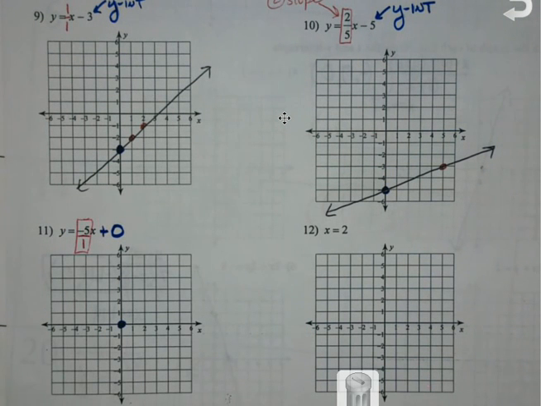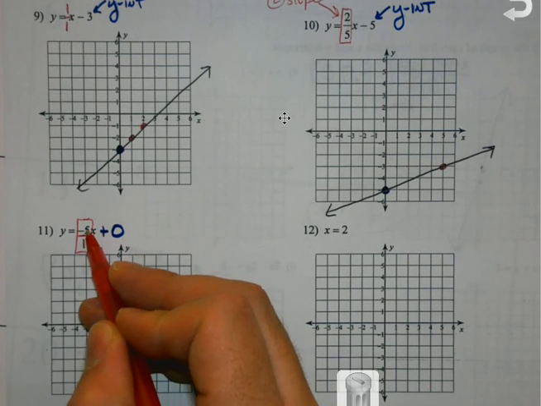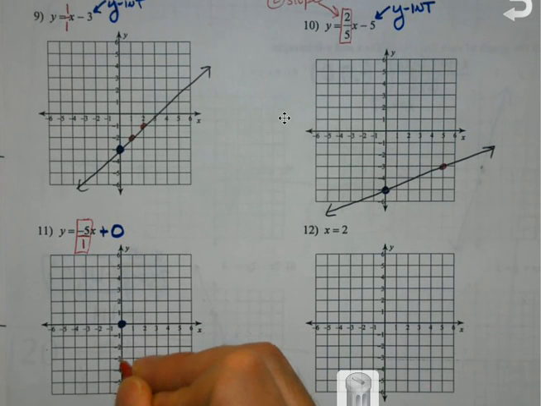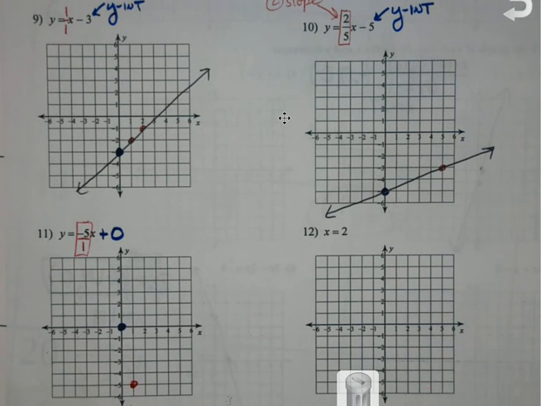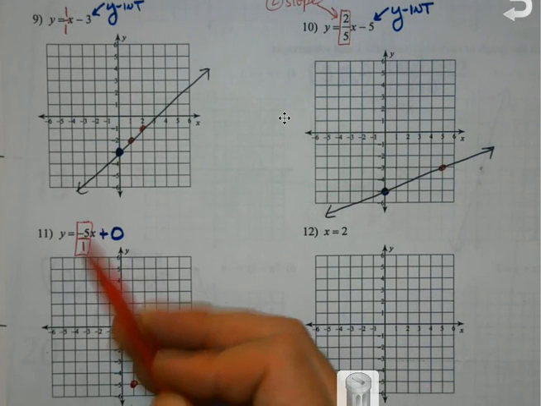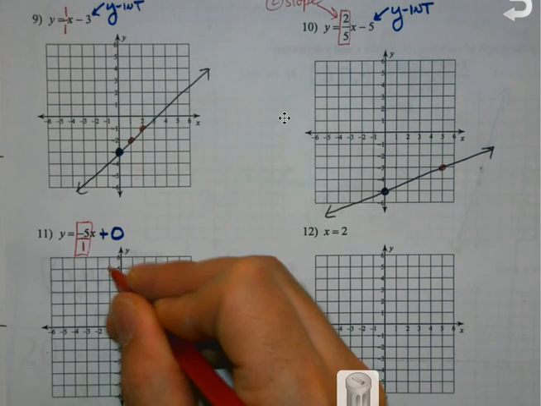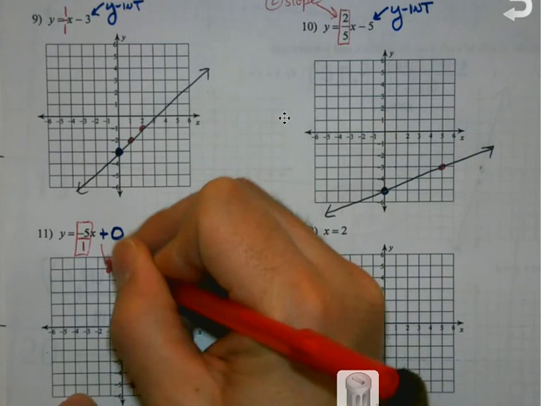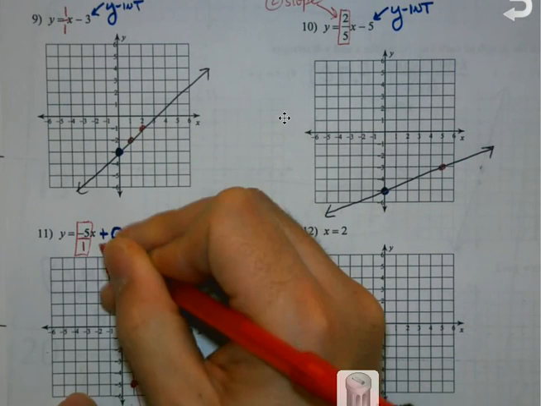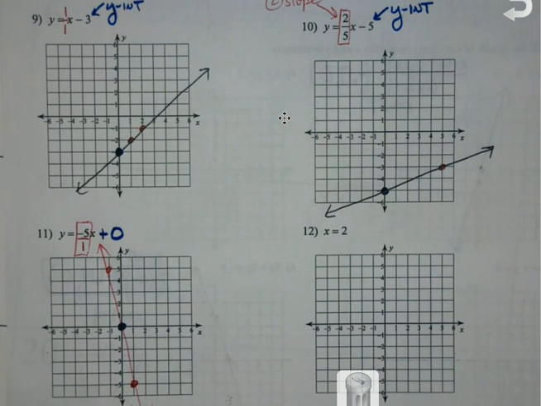Again, the number on top is telling me how much I'm going up or down. So we're going to go down 5 and right 1. Now, if some of you really wanted to put a third dot on this one, we actually could. We can do the opposite of both of these. I could go up 5 and left 1, and still get it set that way.